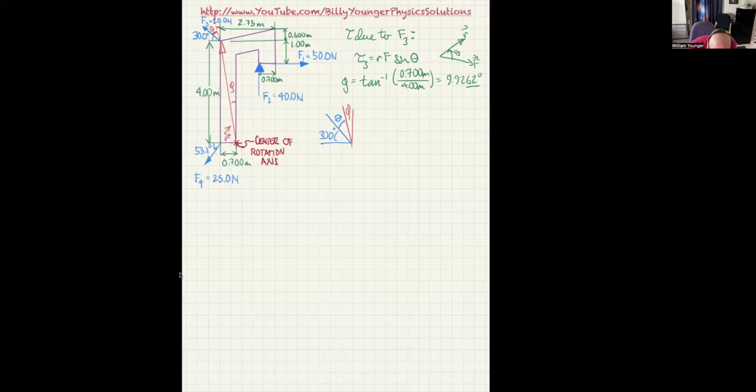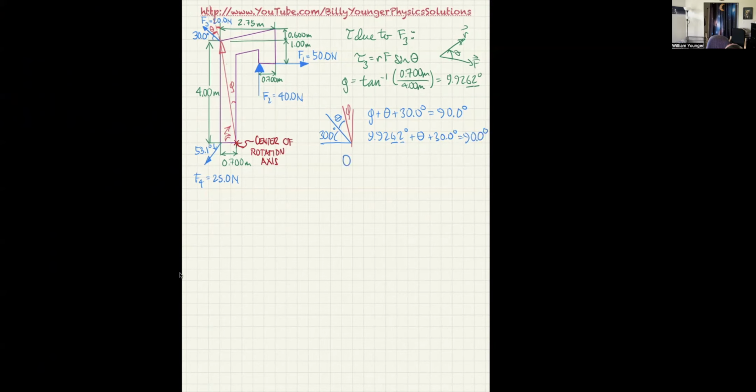30.0 degrees. So what we know is phi plus theta plus 30.0 degrees is equal to 90.0 degrees. We know phi is 9.9262 degrees plus theta plus 30.0 degrees equals 90.0 degrees.